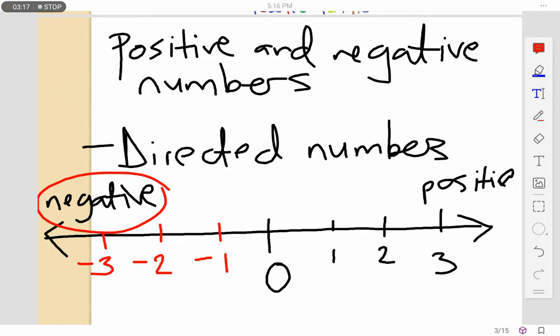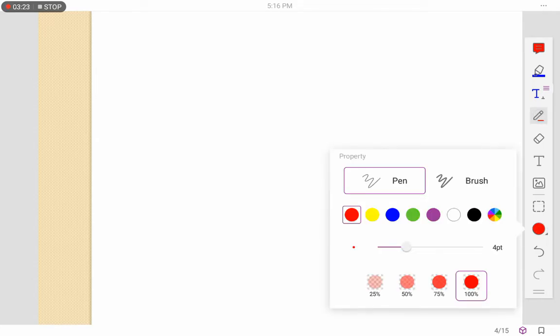So these are the numbers that we are going to be using, the directed numbers. Then we have what we call an integer. An integer is any positive or negative whole number, like what I've shown you on the number line above.